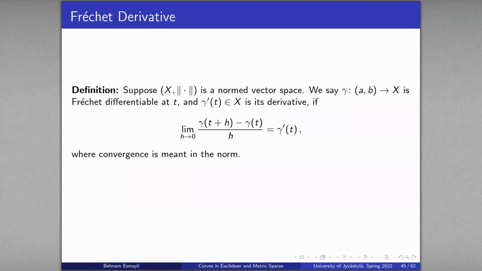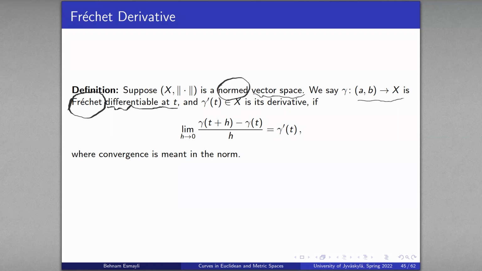Okay, so to talk about genuine derivatives, we need some sort of linear structure, because derivatives require subtracting two values, and that means we need some linear structure. So we are in a vector space, and because we need some sort of convergence, we need a topology, and the best is if it comes from a norm. So we have a normed vector space X, we have a curve that maps into this vector space, then we say it is differentiable in the strongest sense, which is called Fréchet differentiable, as is also used in calculus.